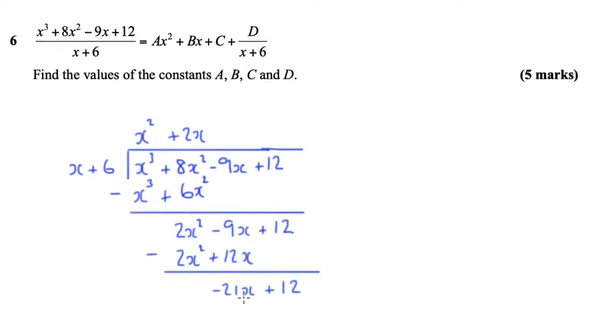We're going to divide negative 21x by x, which is negative 21. We're going to then multiply negative 21 by x and by 6, which is negative 21x, and 21 times 6 is 126, and then we're going to subtract that.